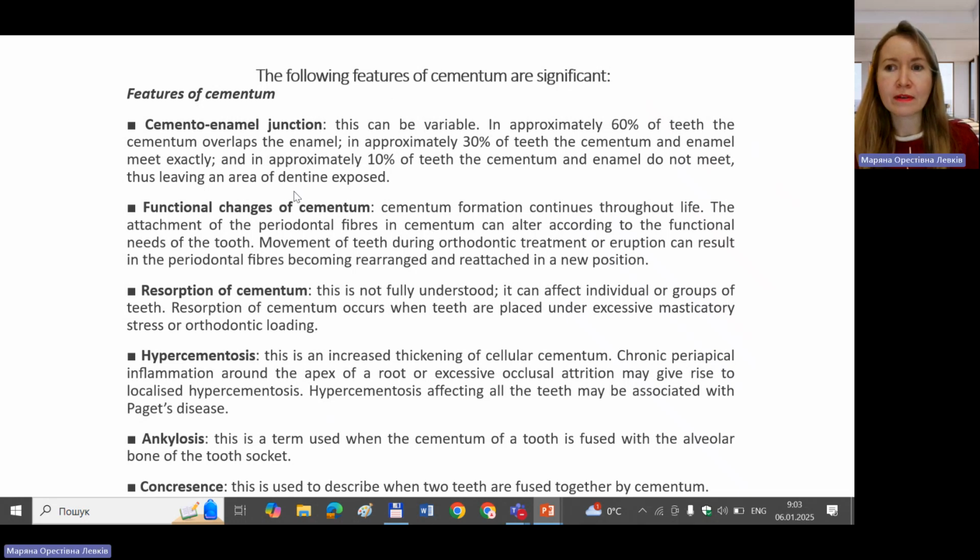Certain features are typical and significant for cementum. It can be distinguished at the cemento-enamel junction. Due to age, some functional changes of cementum can develop. There can be resorption, hypercementosis, ankylosis, and concrescence.